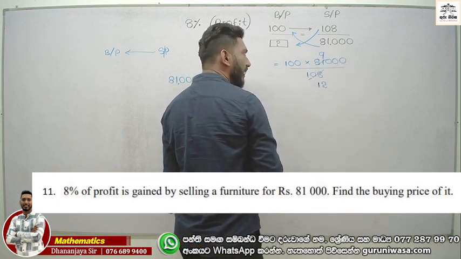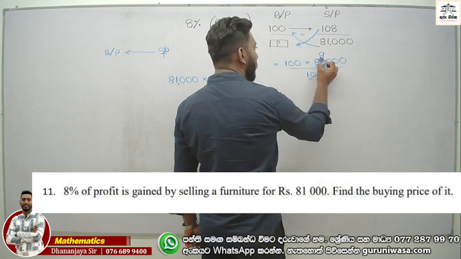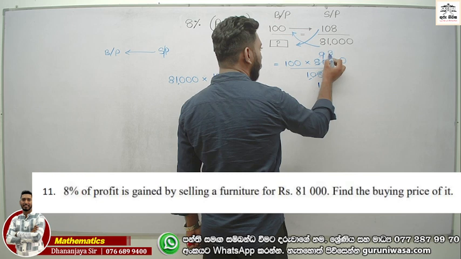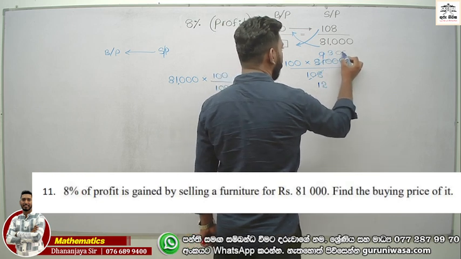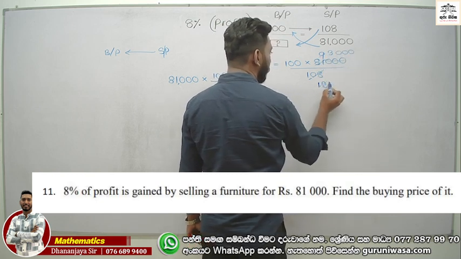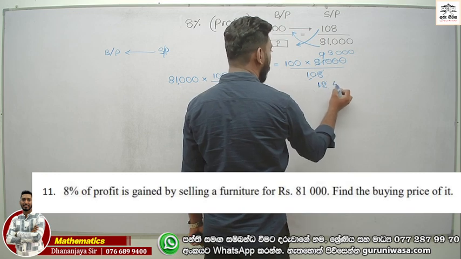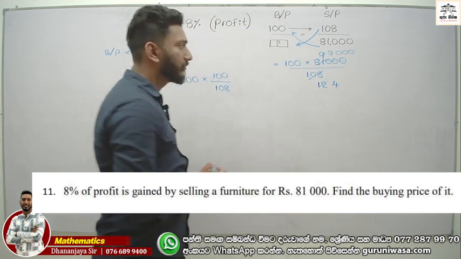Right? Now again we can simplify. 9 is 3 times 3, and put the 3 zeros. And 12 is 3 times 4.